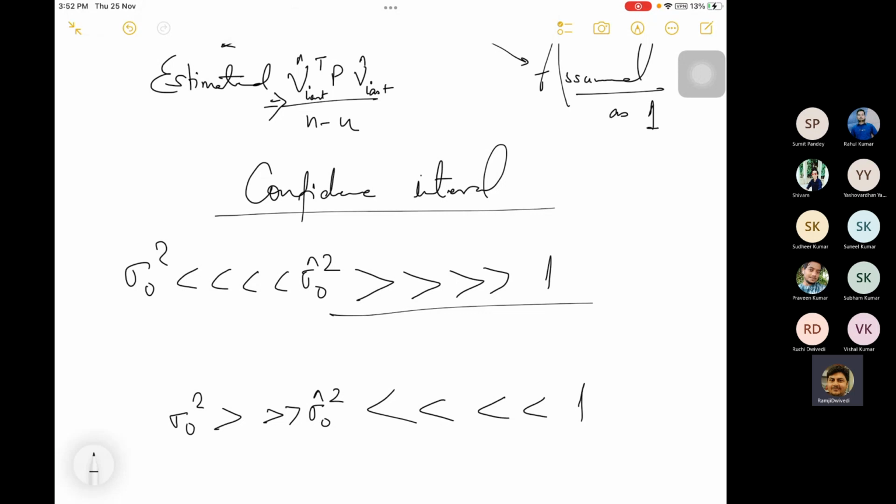We also say that this could be because of any systematic or gross error causing very large values of residuals. That's why, if these values of residuals are very large, then only this sigma naught hat square would come out very high, isn't it? So review the model.